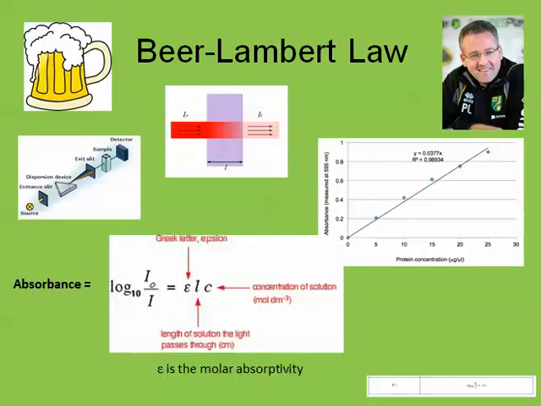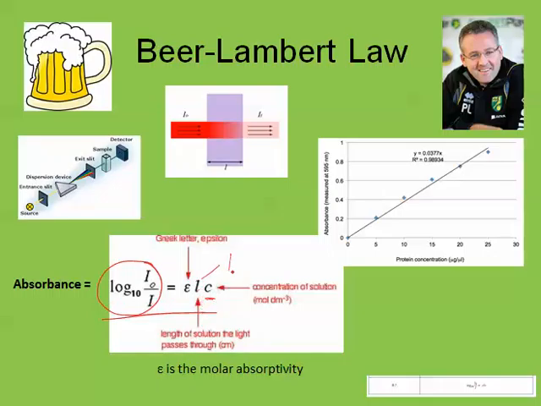So in terms of actually quantifying it, we can make use of the Beer-Lambert law, and this equation's in your data books, but essentially it's telling you that the absorbance, which is a logarithm of the ratio of the incident radiation to what's transmitted, or the intensity I should say, is proportional to the concentration of your substance.